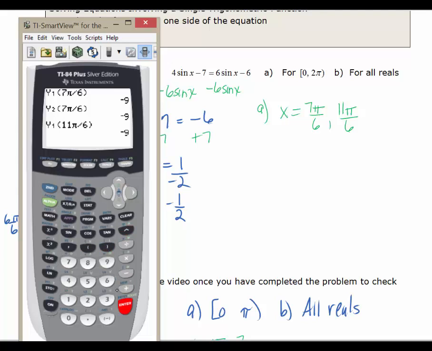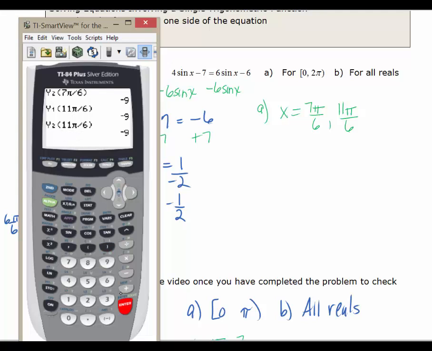Hit enter, and then we'll pull up the second, y2, which is where our 6 sine x minus 6 is, and we'll evaluate that for 11 pi divided by 6, and we get the same exact value.